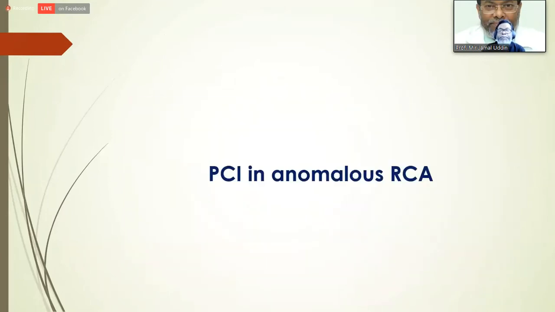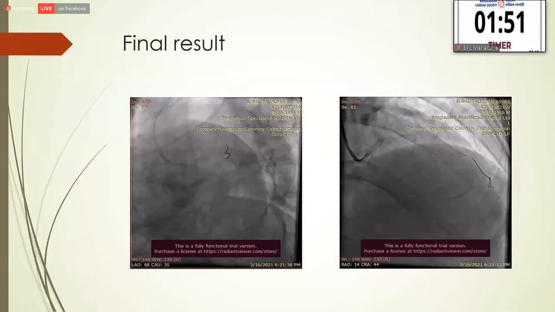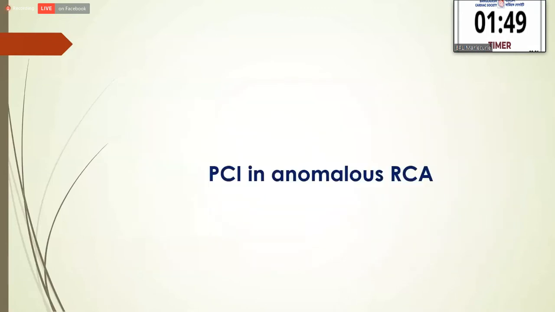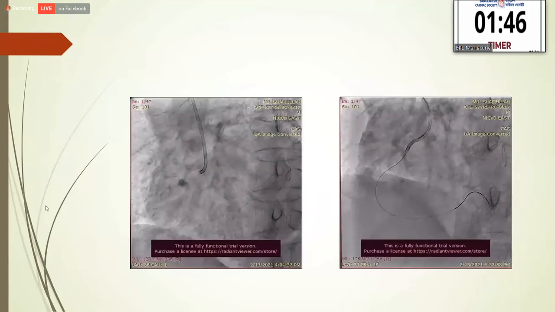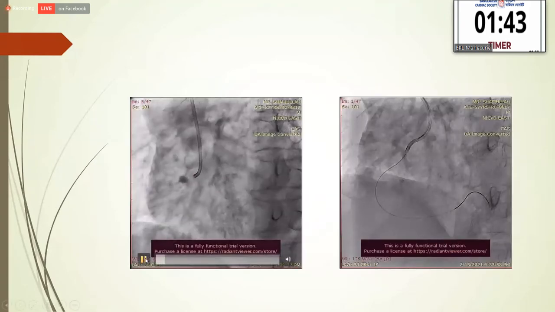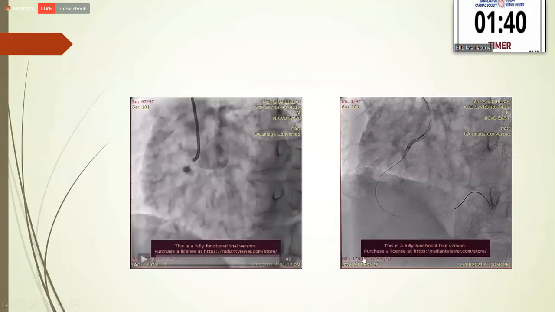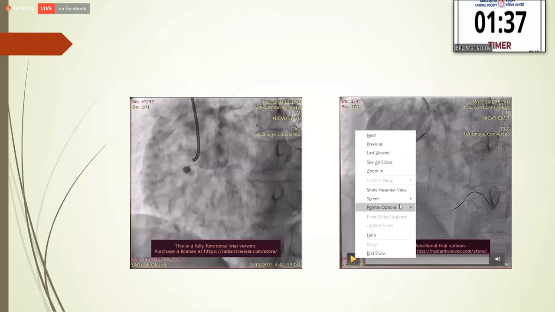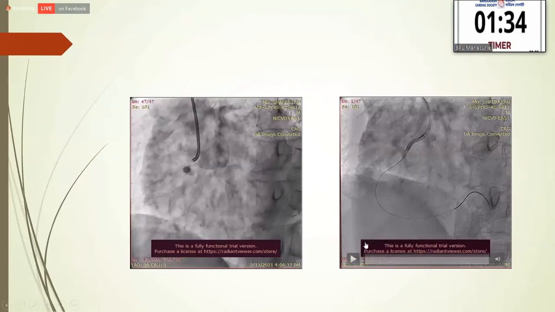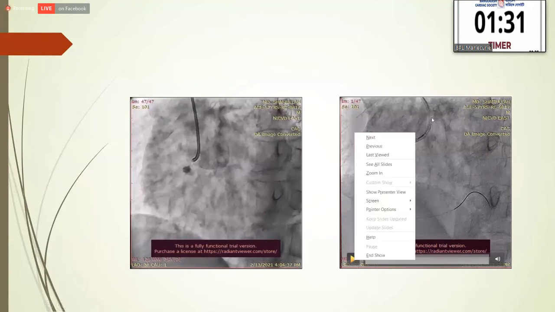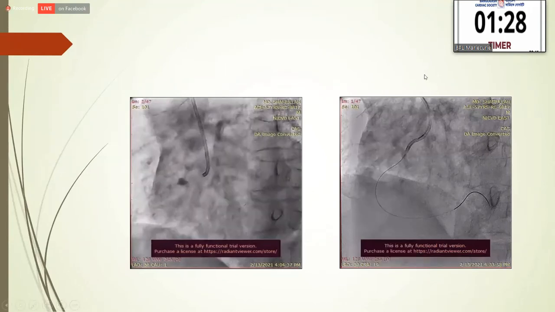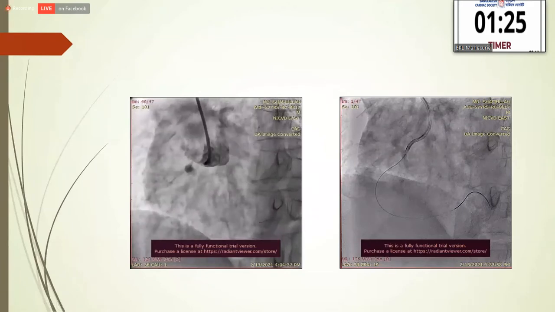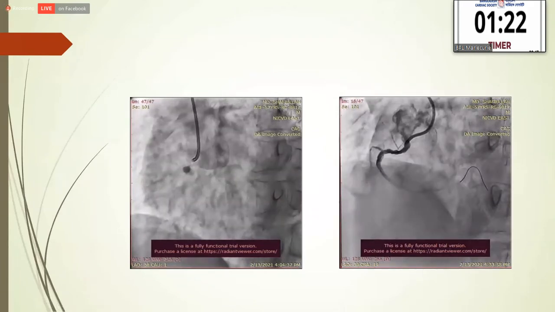Here not all the slides are seen, due to time constraint. And PCI in anomalous RCA: for anomalous RCA, we ask, are you in the femoral route? Let us come to our radial route, and you will be able to do it very nicely. This is the guide, and this is the angioplasty.